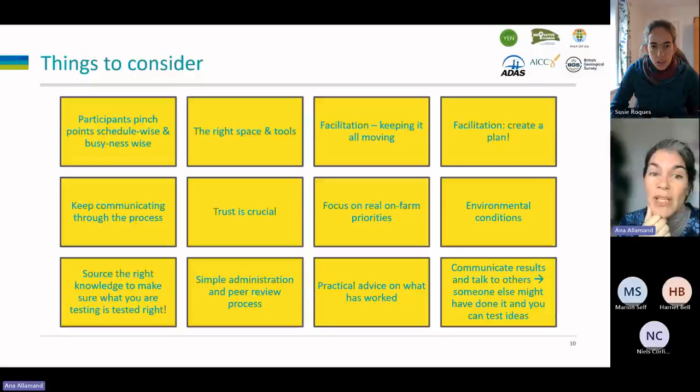And the first one is just understanding your participants' schedules. If you're going to be working with farmers or advisors, make sure that you actually know when their high times are and try to avoid those. So there are some times in the year where farmers, rightly so, are going to be so busy that it's hard for them to even answer the phone.